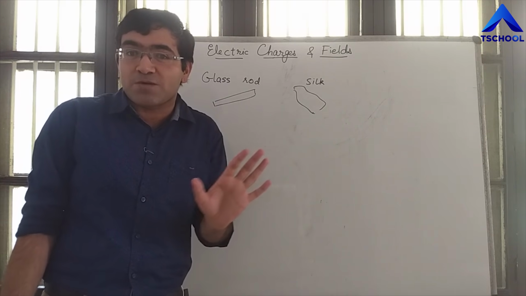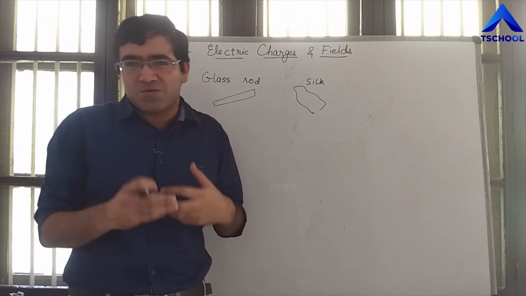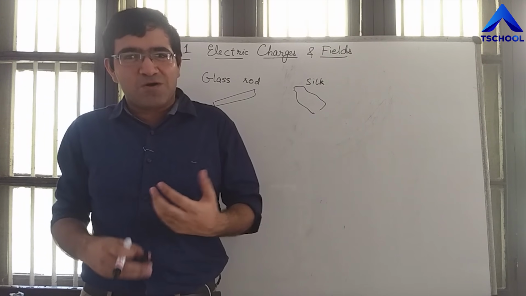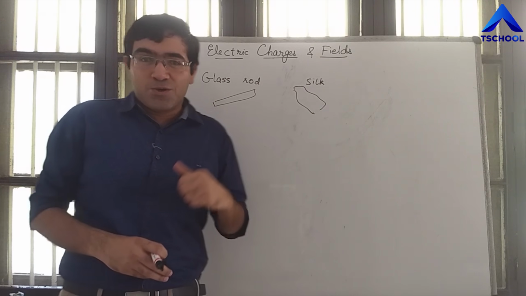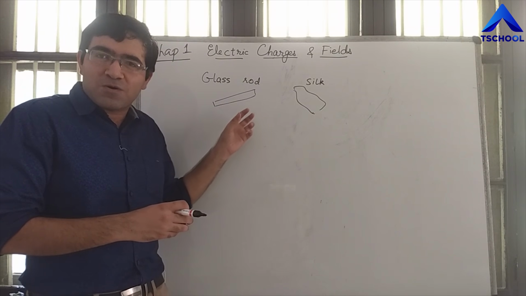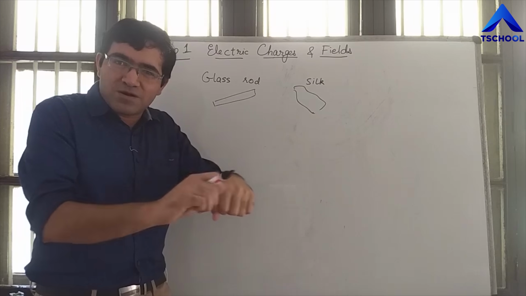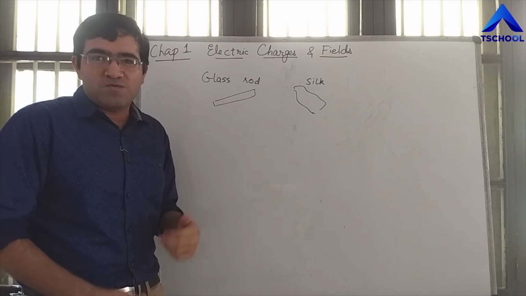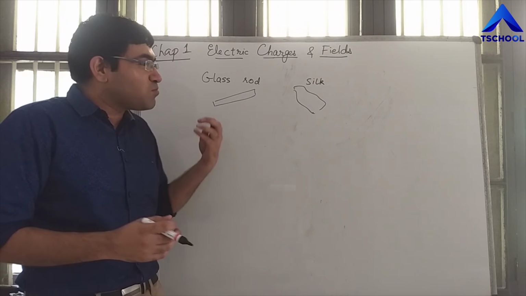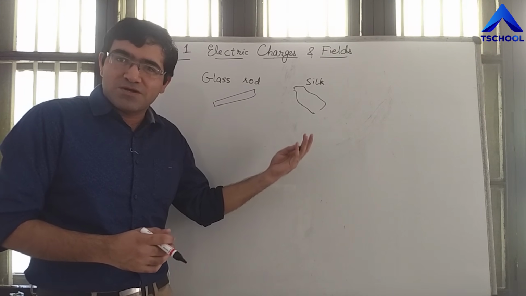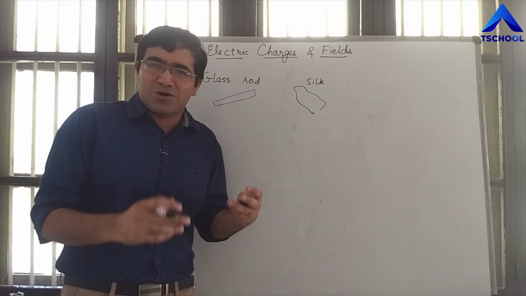Like I said, objects are mostly neutral, but sometimes when you do some kind of process or phenomena on them, they get charged. So when we take a glass rod and a silk cloth and rub the cloth on the glass rod, we notice that both of them get charged, right? Both of them get charged.